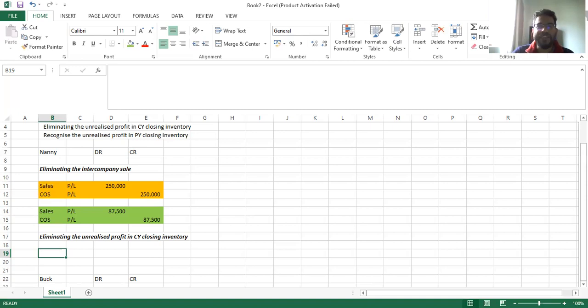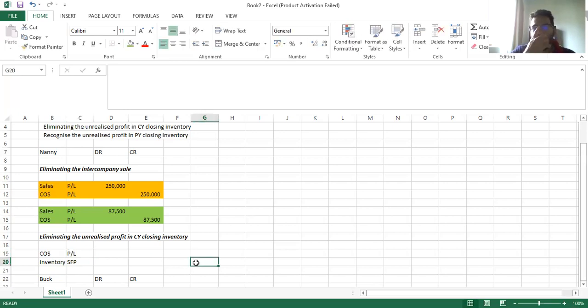By decreasing inventory, you are decreasing an asset. Assets decrease on the credit side. So we're going to say credit inventory, SFP. For every credit, there must be a debit. The debit goes against cost of sales. Cost of sales, and this is going to be P and L.